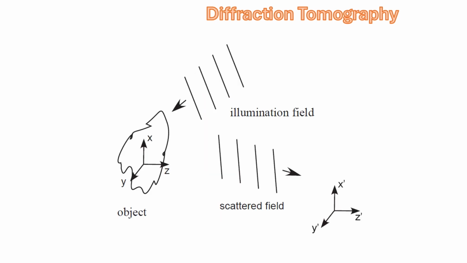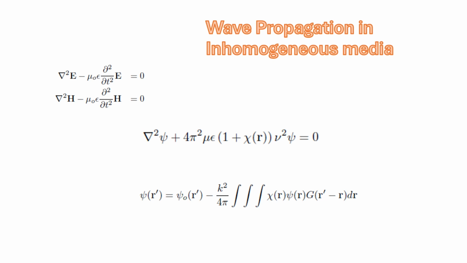Today we're going to talk about diffraction tomography. So the object is illuminated with a coherent wave, and we measure the scatter of that wave, and then we need to analyze that scatter under various illumination conditions to try to reconstruct the three-dimensional object. To understand this problem, we need to consider wave propagation inside of the material. So this is the wave equation for the electric field and the wave equation for the magnetic field inside the material.